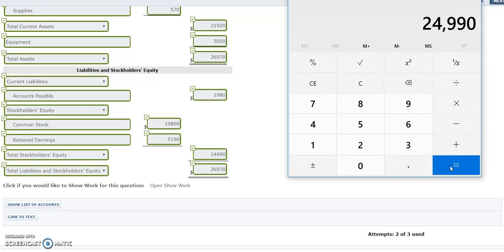And we should get 24,990. Then we add that with our accounts payable of 1,980, and we'll get our total liabilities and stockholders' equity of 26,970.